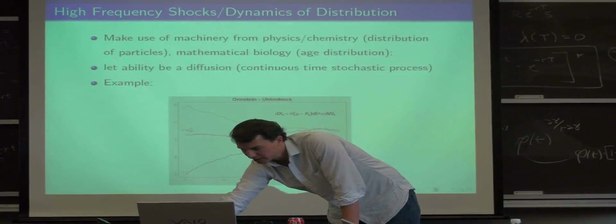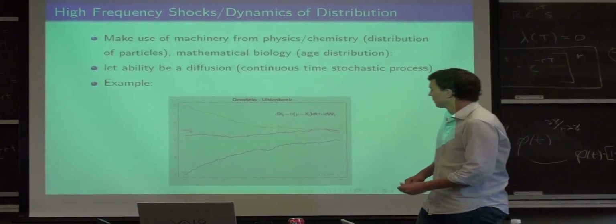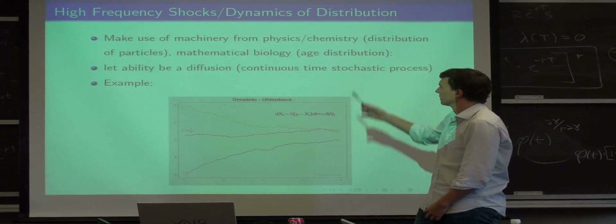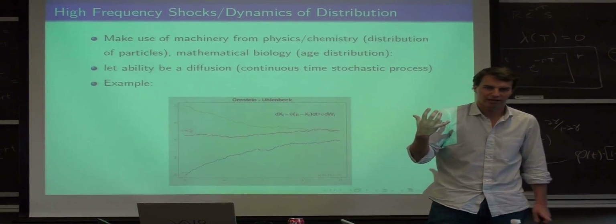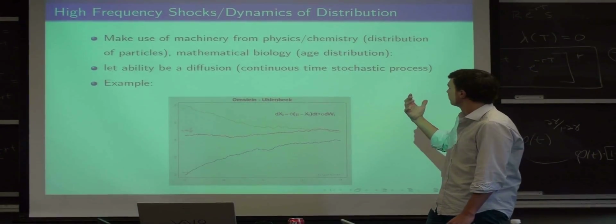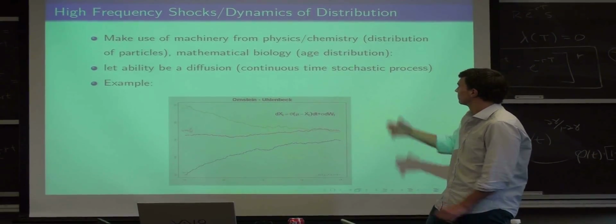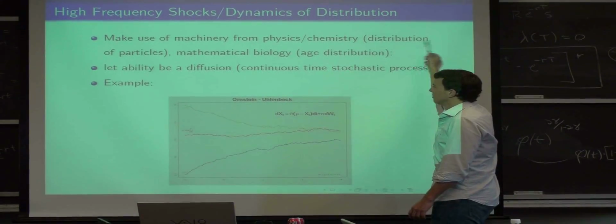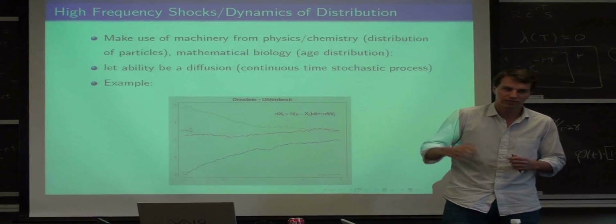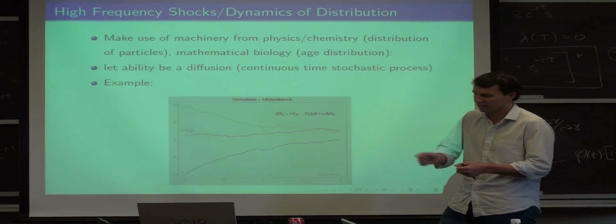So I just want to very quickly. What we want to look at now is there's actually a nice mathematical apparatus in physics and chemistry and also mathematical biology for modeling these distributions. In chemistry, you look at the distribution of particles, for example, in a fluid.